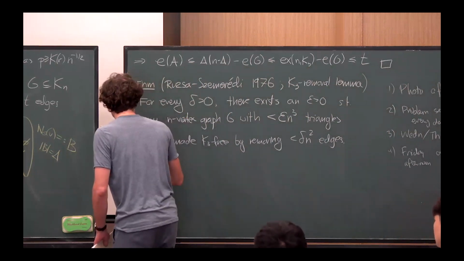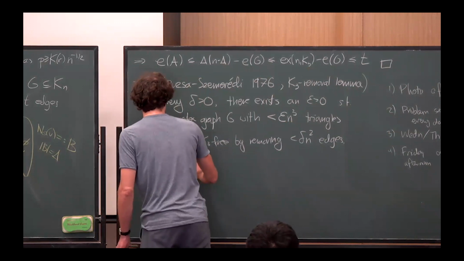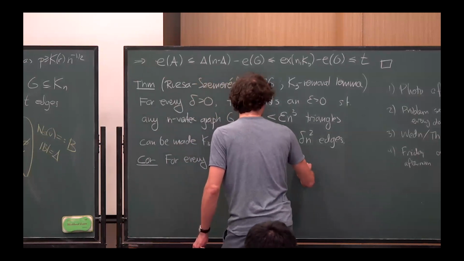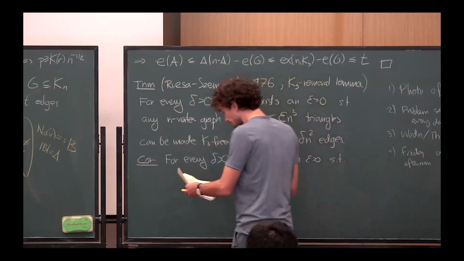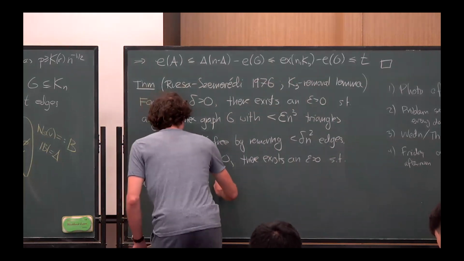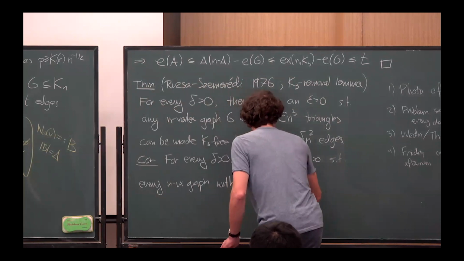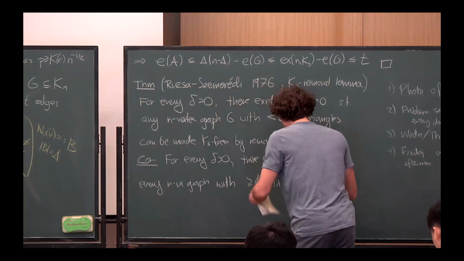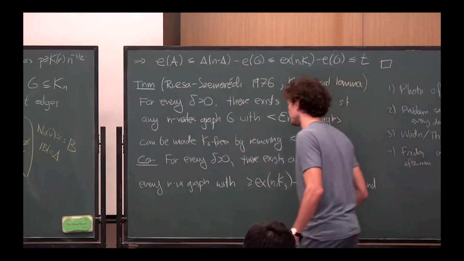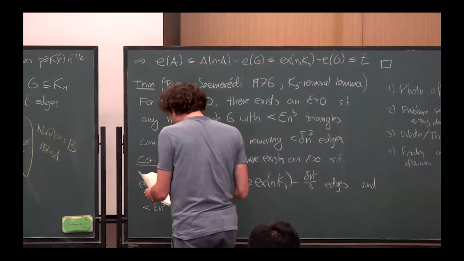And a corollary of this is, again, for every delta, there exists an epsilon such that every n-vertex graph which has at least ex(n, K_3) minus delta n squared over 3 edges, and fewer than epsilon n cubed triangles, is almost bipartite.